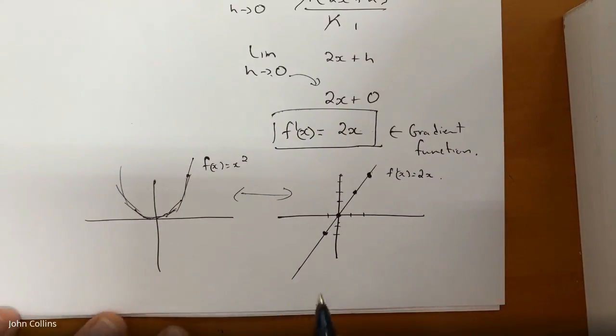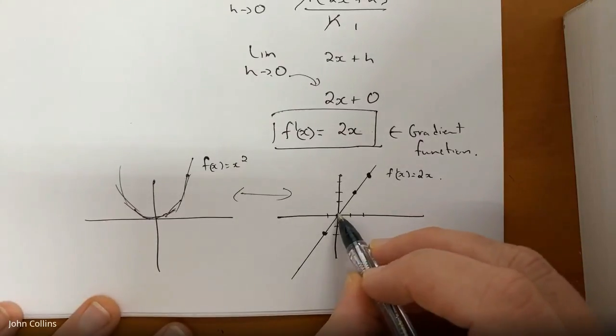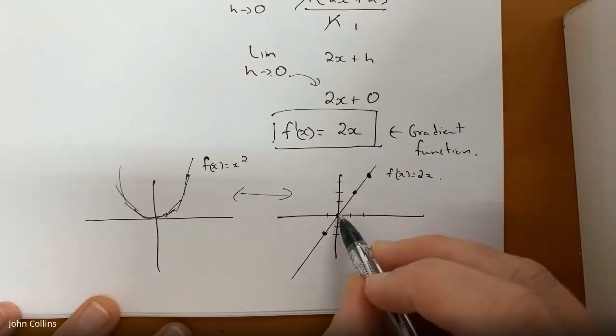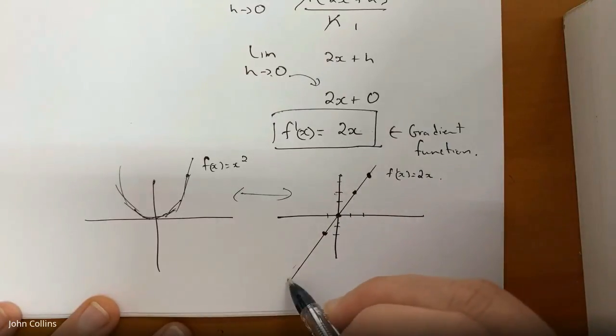But does it make sense that this line is going to give positive y values after 0, and before 0 it gives negative y values? Yeah, because the tangents on the parabola before x equals 0 are going to be negative.